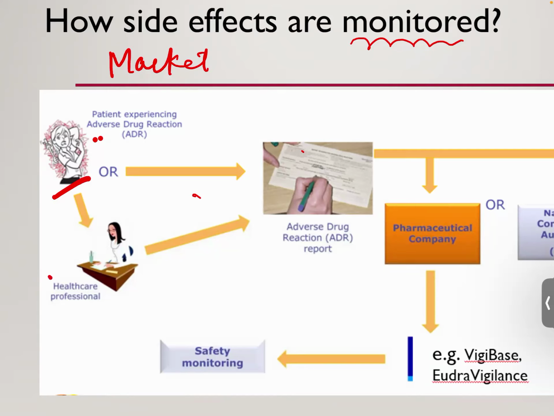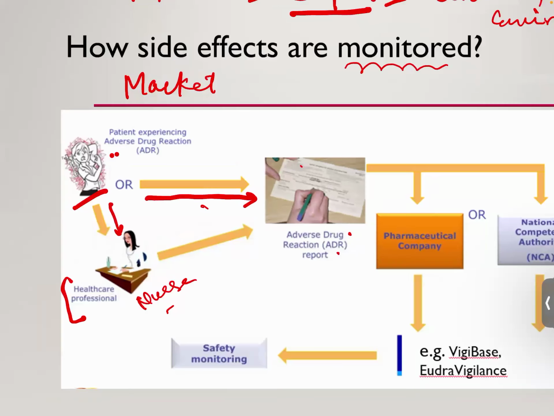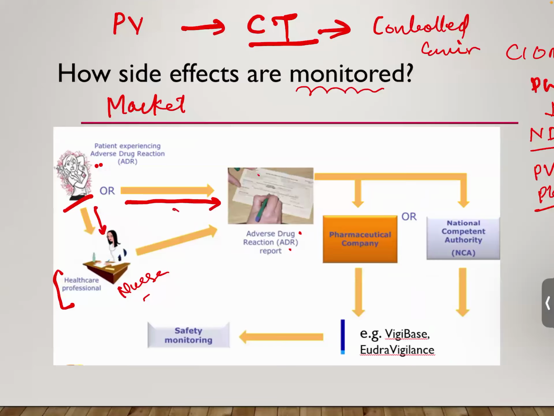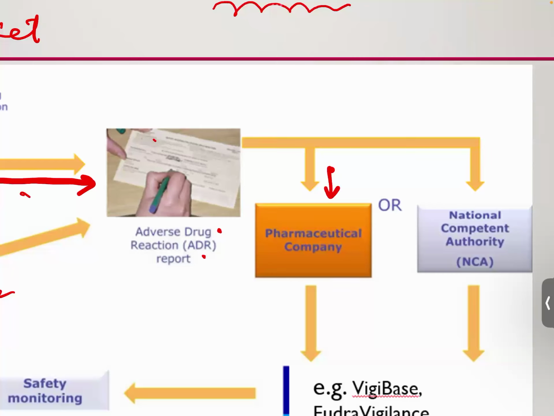Or a healthcare professional, a nurse, noted that this person told the nurse. Or like in European countries or other parts of the world, he himself filled the adverse drug report. That is one way. Then it will go to either a pharma company, if they have some system in that particular hospital, or it will go to the national competent authority.